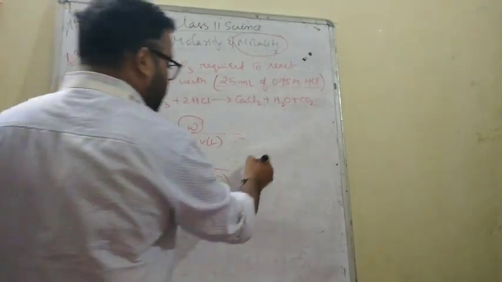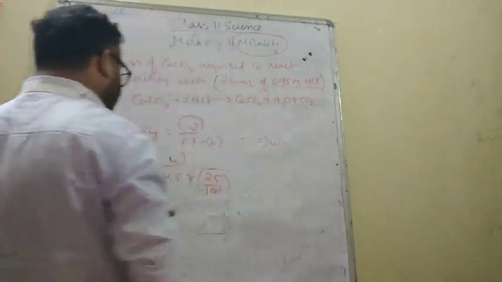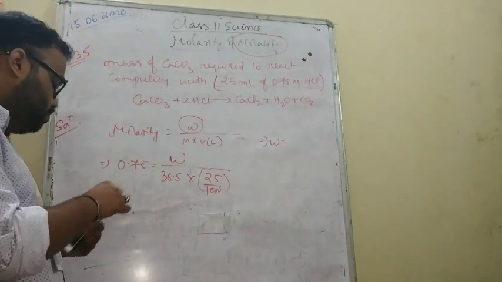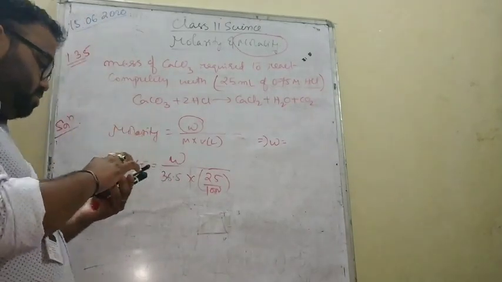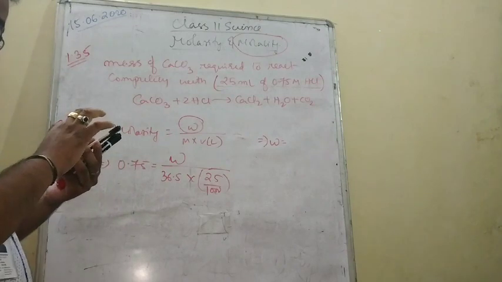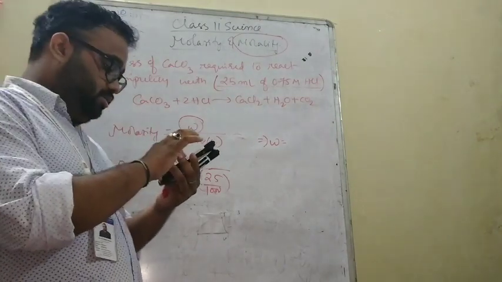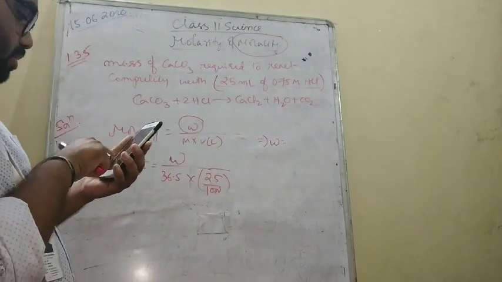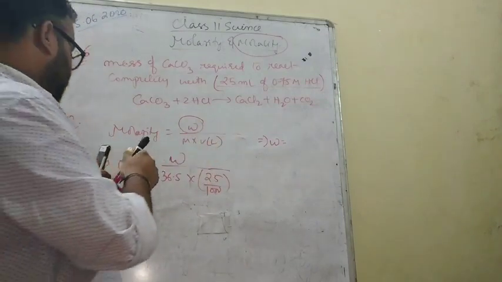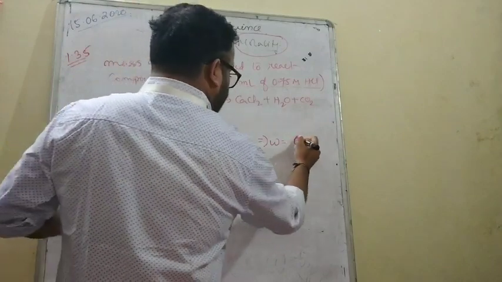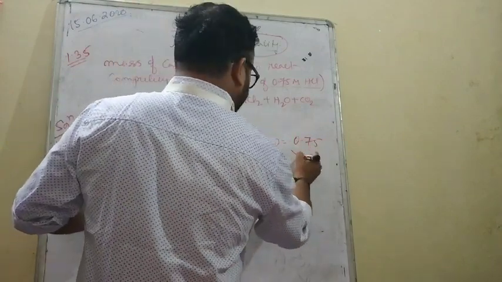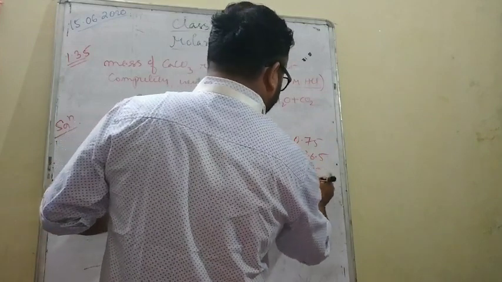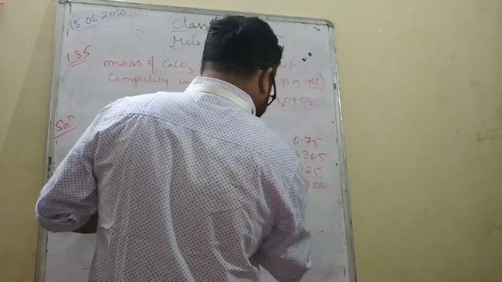So from here W will come out as, if I take a calculator and do it, as time is running out. W is equal to 0.75 into 36.5 into 25 by 1000.